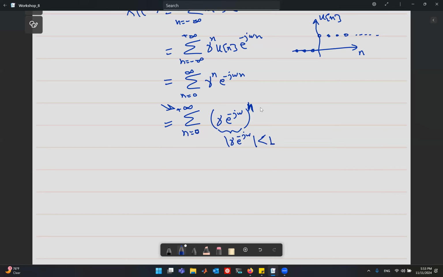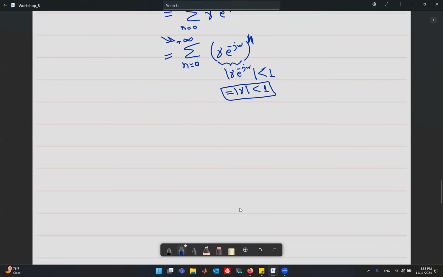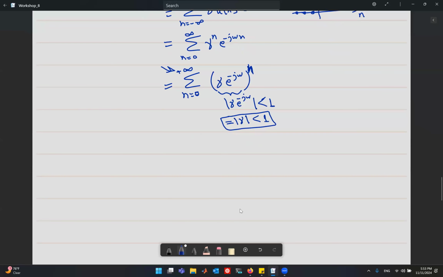If it's 1, it will not converge. And this is basically just the absolute value of gamma. This is satisfied because we have assumed that from the beginning. So this geometric series will converge.